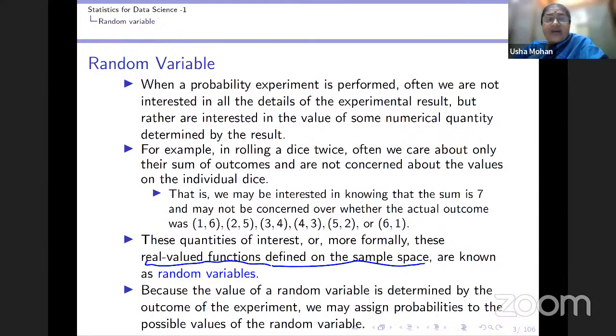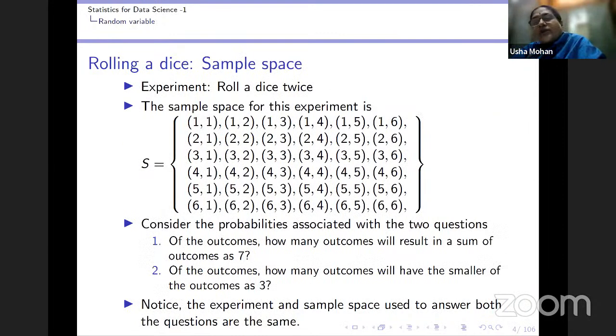Let's go back to rolling a dice. I know that this is my sample space. Now I'm not interested in each of these outcomes, but in how many outcomes will result in a sum of 7. So the quantity of my interest is the sum of the outcomes.